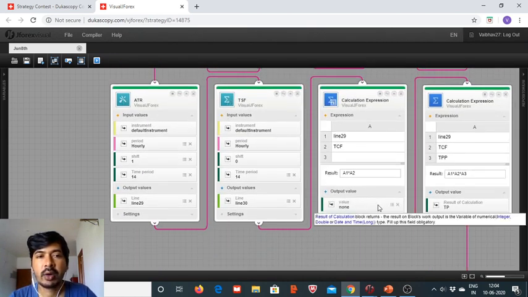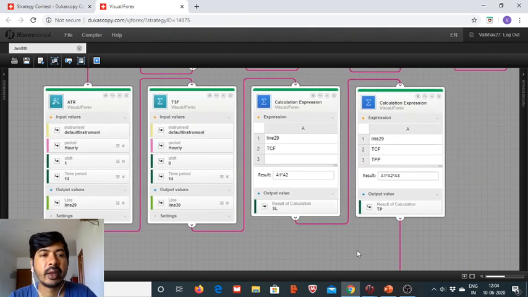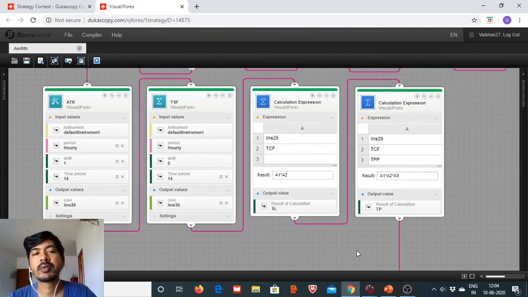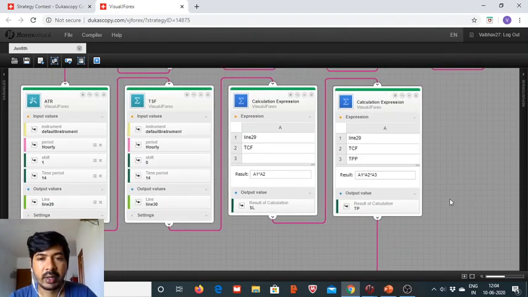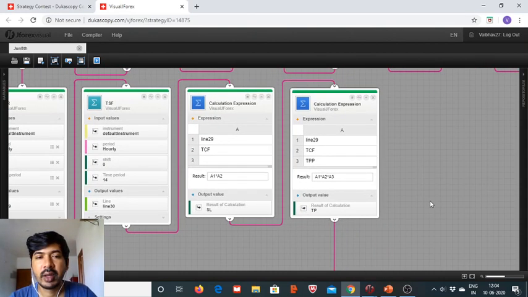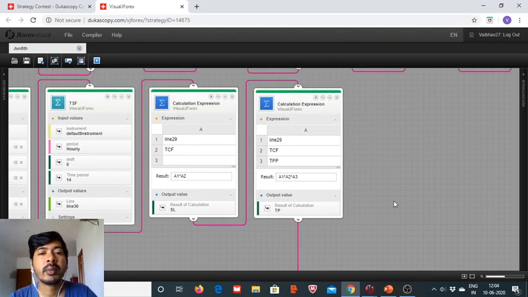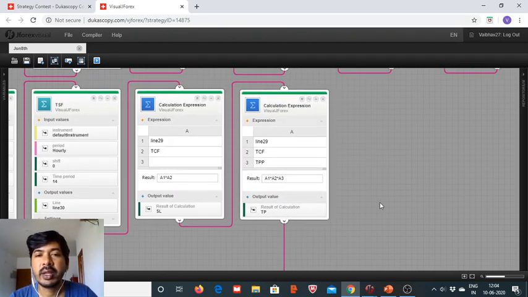And here we have the ATR. ATR is for the determination of the stop loss and the target range. Then the current TSF value, to look at the 1 minute price action and define the entry point.